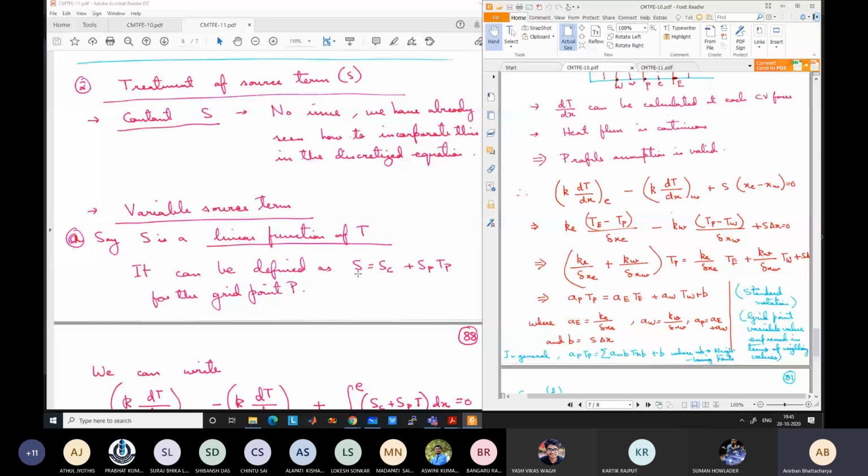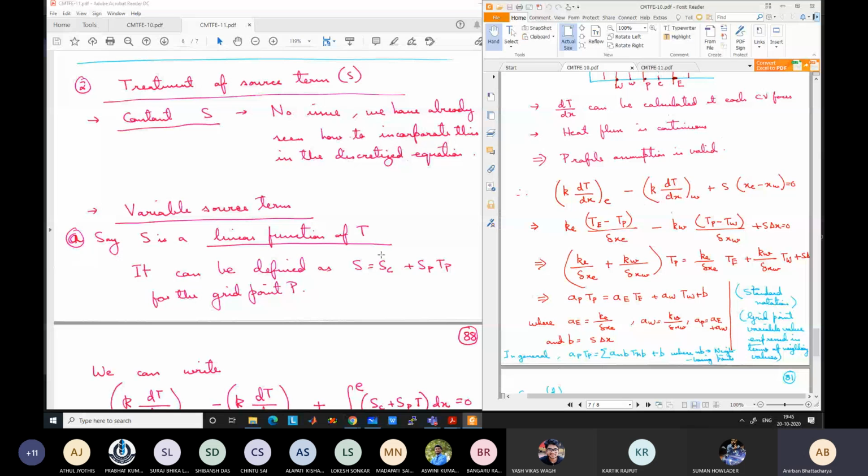This is a standard notation, not my notation. The second part, which is a function of temperature, because it's a linear function of temperature, I can write as SP TP. So SC is the constant part of the source term, and SP is the coefficient of the linear, variable part of the source term for the P-th grid point.